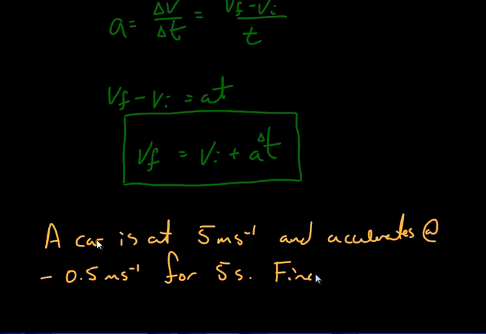Find its final velocity. So let's just talk about what's going on in this picture. I'll let you guys write this down, and then we'll draw a picture of this. Okay, and sorry, just to clarify here, this is its final velocity.